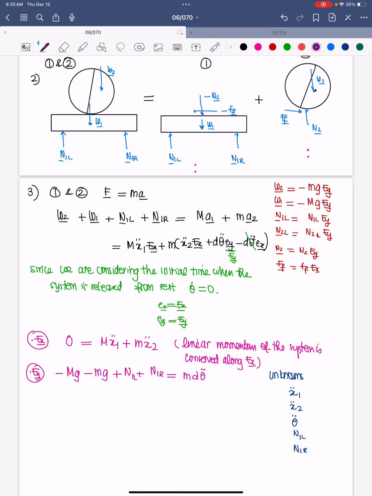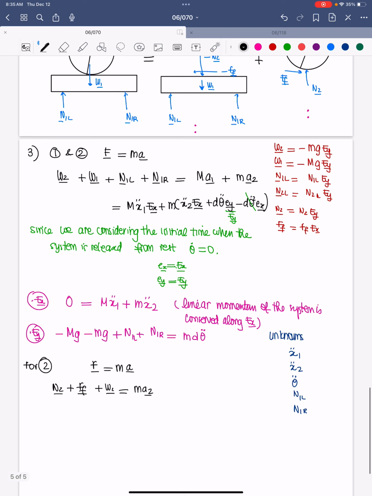So that's for system 1 and 2. Now for the system of the disk on its own, for 2, we will have F equals ma. So the forces acting on the system are N2 plus Ff plus W2 is equal to m A2. N2 Ey plus Ff Ex minus mg Ey is equal to m x double dot Ex plus d theta double dot Ey.